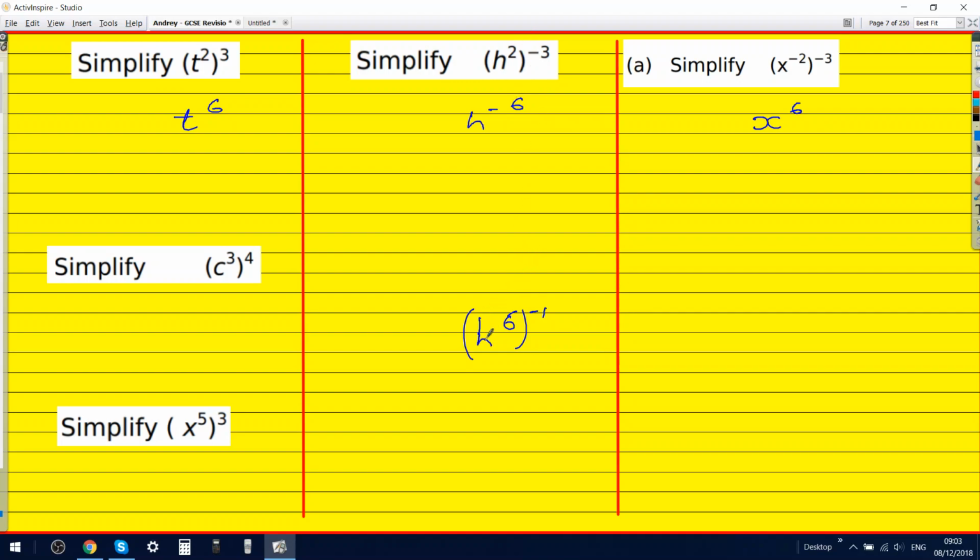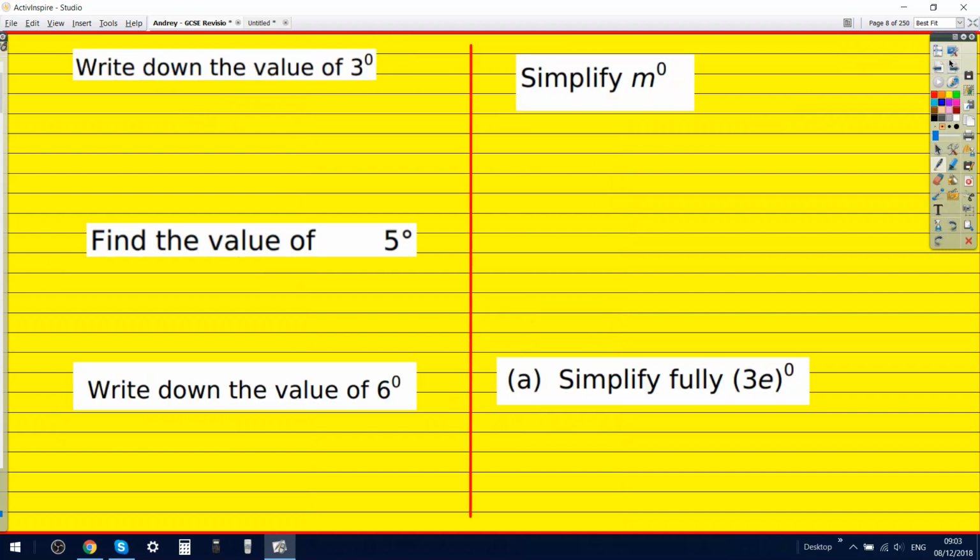Anything to the power of minus 1 becomes the reciprocal, so it becomes 1 over h to the 6. So h to the minus 6 is 1 over h to the plus 6, and that'll always be true. We'll see it later, I just skipped ahead.